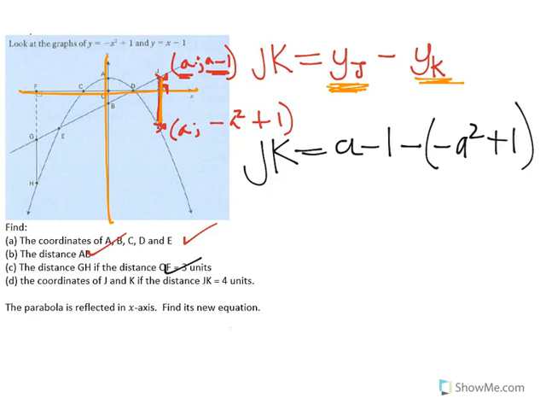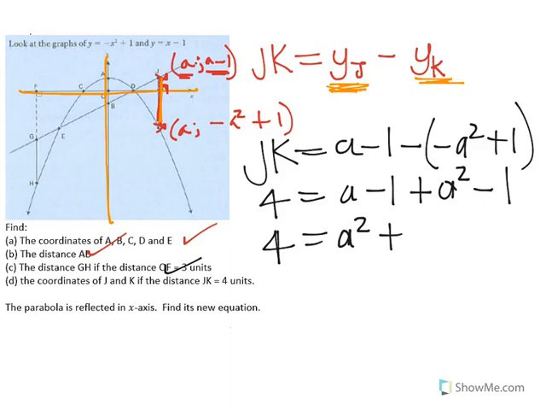And we know that JK is 4 units, so 4 is equal to a minus 1 minus, minus a minus becomes a plus, and then minus a plus becomes a minus. So 4 is equal to a squared plus a minus 2.